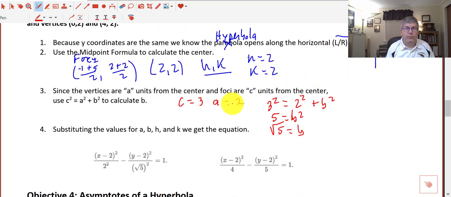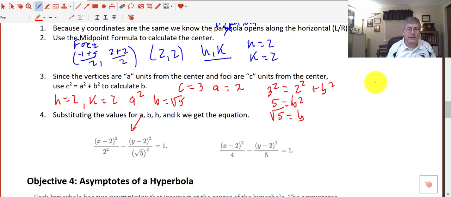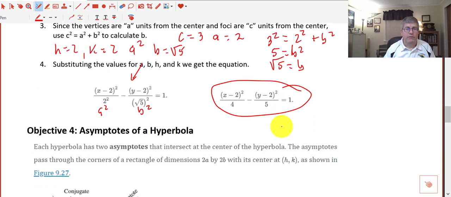Substituting in the values we have for a, b, h, and k, with h equal 2, k equal 2, a equal to 2, and b equal to the square root of 5, we transfer that all down, and since our hyperbola branches open left and right, we're going to lead with our x minus 2 squared all over 2 squared, or 4, minus y minus 2 quantity squared all over the square root of 5 squared. So we have a squared and b squared. Squaring both of those, we get the equation of our hyperbola.